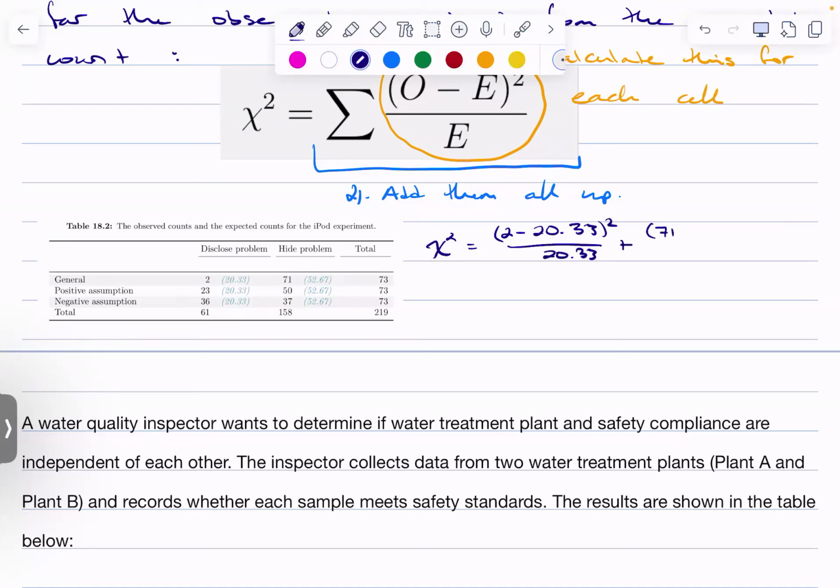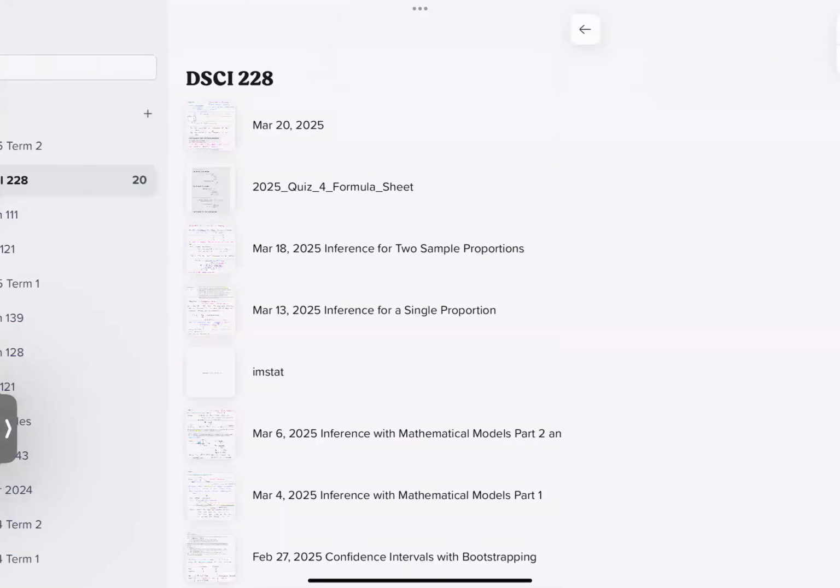Plus 71 minus 52.67 squared divided by 52.67 plus 23 minus 20.33 squared divided by 20.33, and so on. That's just math. We can do that. Boring. I'm going to steal it.